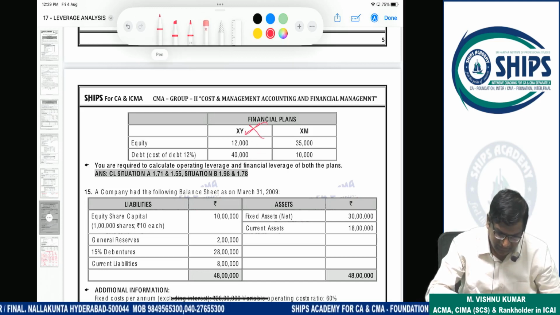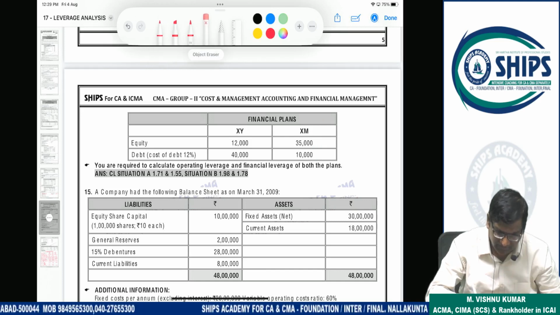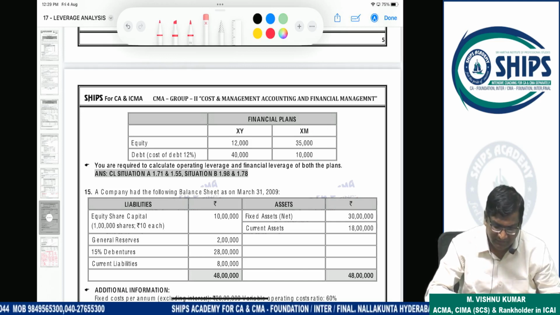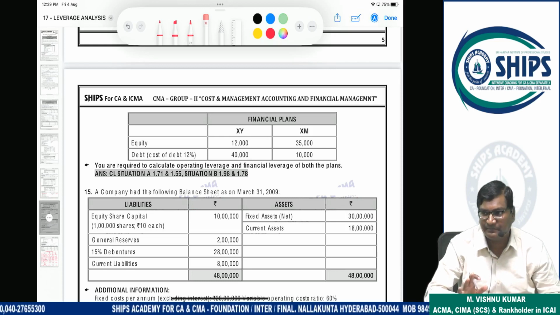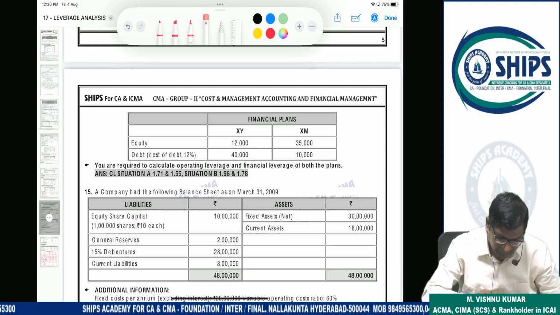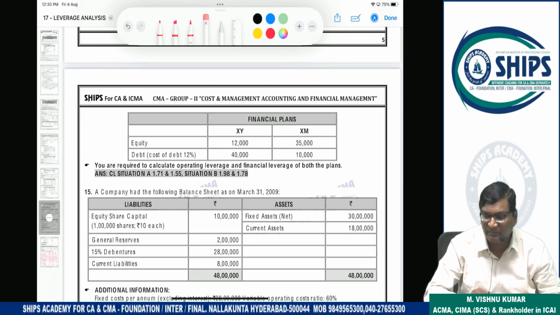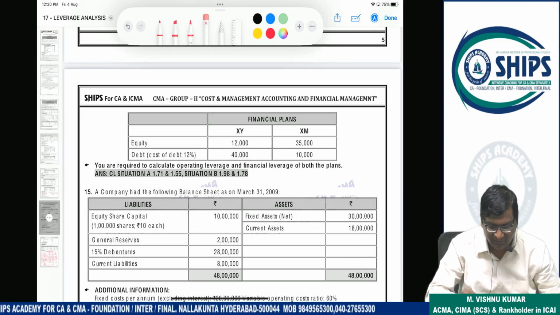If the company is not interested in this plan, if they are interested in XM, then equity 35,000, debt 10,000. From these two plans, equity and debt requirements are separate. You are required to calculate operating leverage and financial leverage of both plans. We have to calculate for both plans.